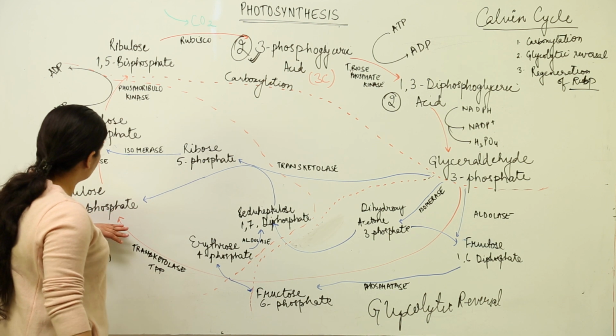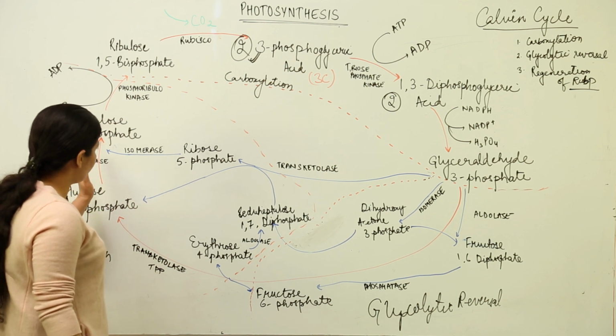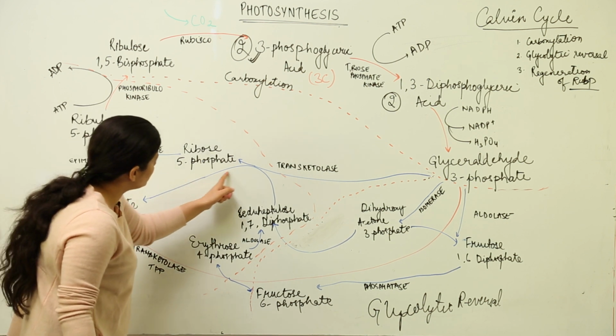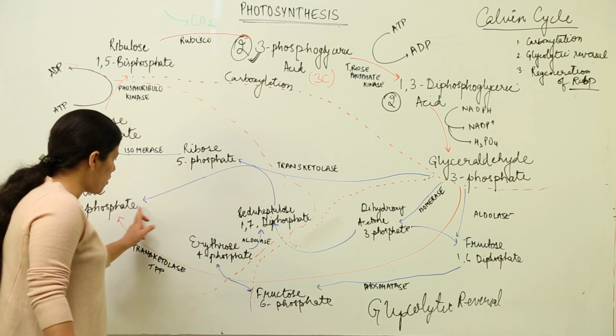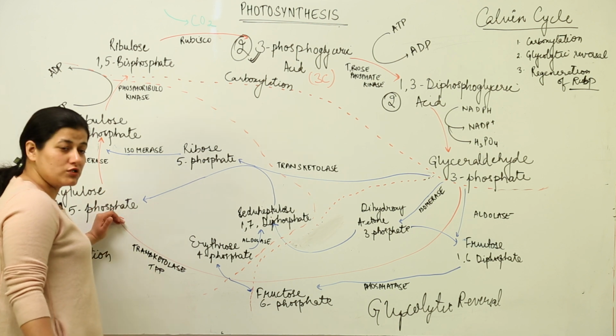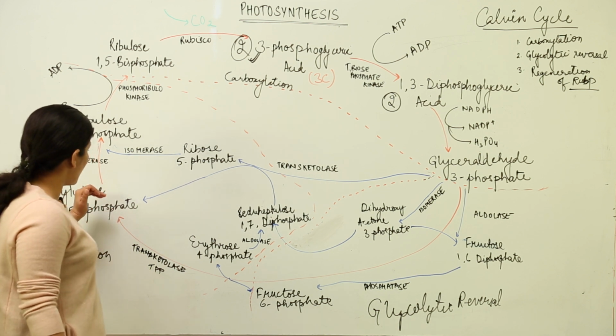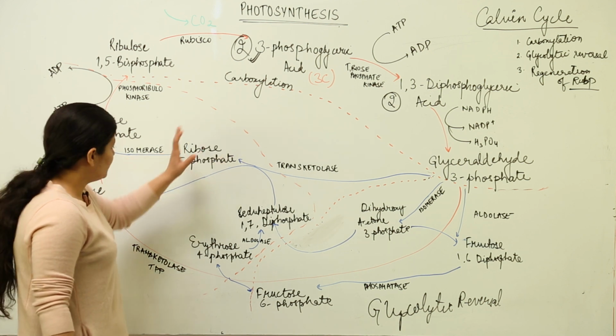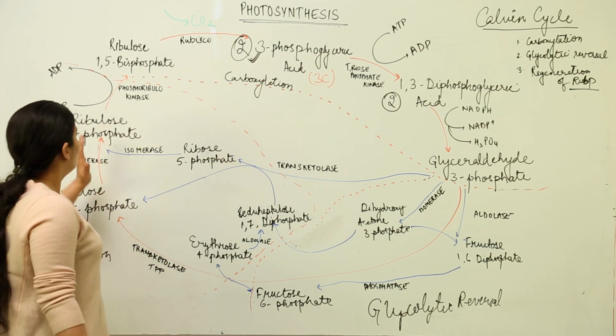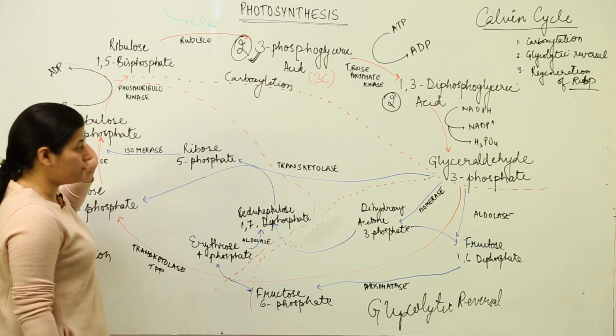It forms the xylulose 5-phosphate. In the presence of epimerase, there is formation of ribose 5-phosphate because pseudoheptulose would lose 2 of its carbons to form xylulose 5-phosphate. This xylulose 5-phosphate in the presence of epimerase and the ribose 5-phosphate in the presence of isomerase would lead to formation of ribulose 5-phosphate.